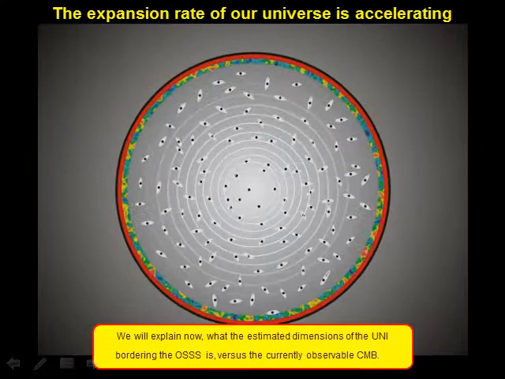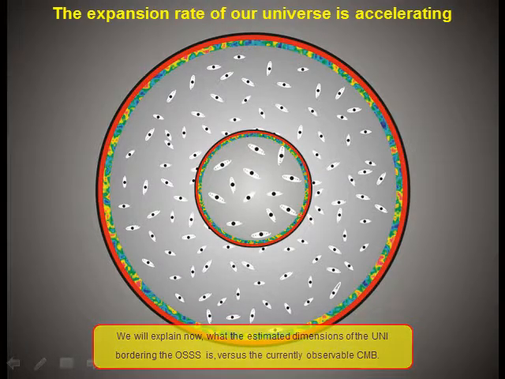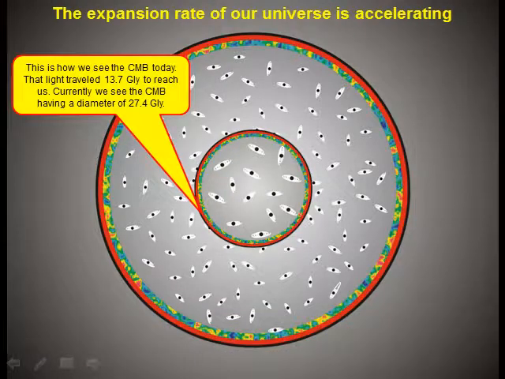We will explain now what the estimated dimensions of the universe bordering the outer spherical shell singularity is, versus the currently observable cosmic microwave background. This is how we see the cosmic microwave background today.